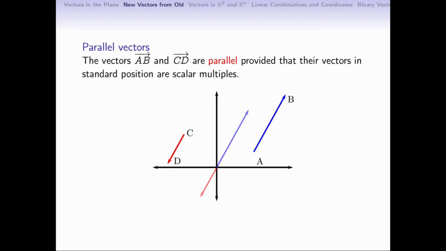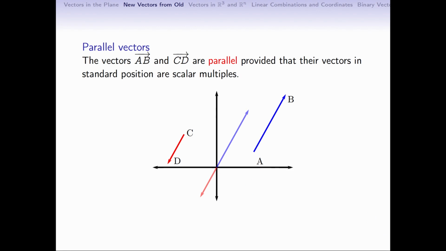In other words, if I wanted to show that this vector AB was parallel to this vector CD, the first thing I would do is write the vectors in standard position, and then I would show that either I can get from the red to the blue by scaling, or I can get from this blue vector to the red vector by scaling. But that's what would be required to show that the vectors, in fact, are parallel to each other.